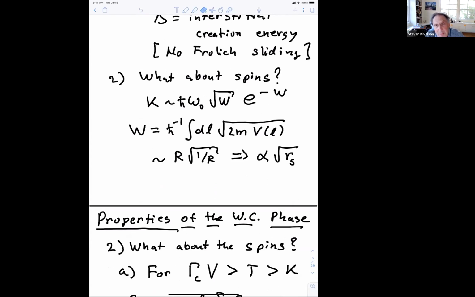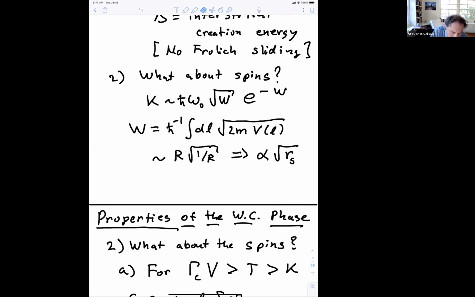So once we've localized the electrons to form a Wigner crystal, there is still physics to do with the spins. And this is governed by some exchange interaction between the electrons, some tunneling process with amplitude K, which one could estimate using semi-classical methods to be some phonon frequency of the crystal times e to the minus the action for a tunneling path.